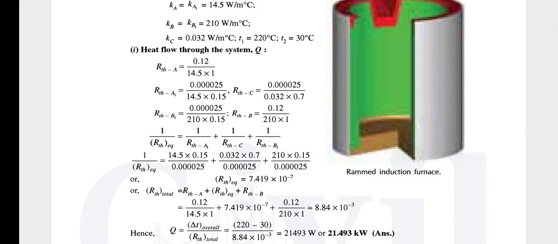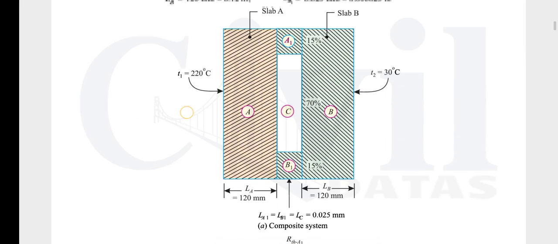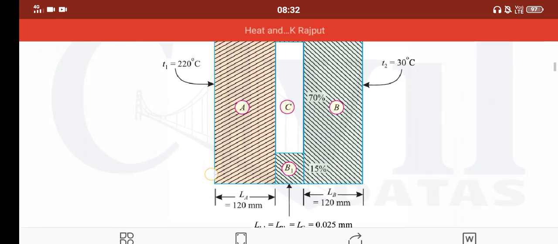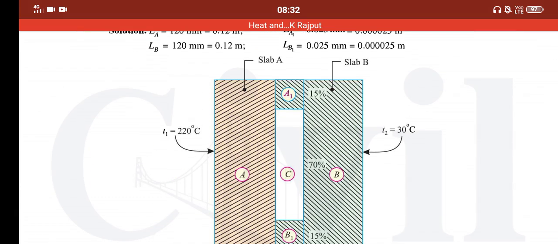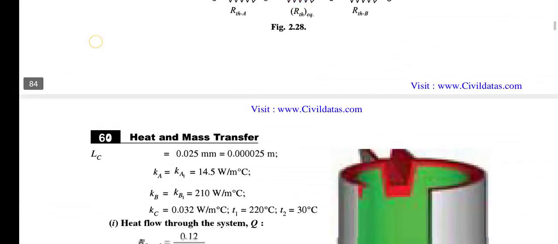So we have to find it in the same way. These three are in parallel, so 1 upon R thermal A1 plus 1 upon R thermal C plus 1 upon R thermal B1.